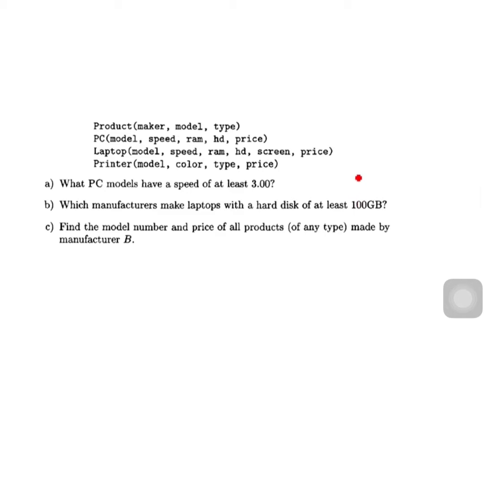So we write selection, sigma, with the condition speed larger than or equal to 3, on PC. This finds the tuples from PC with speed at least 3.